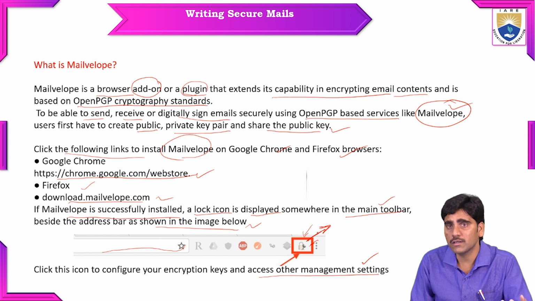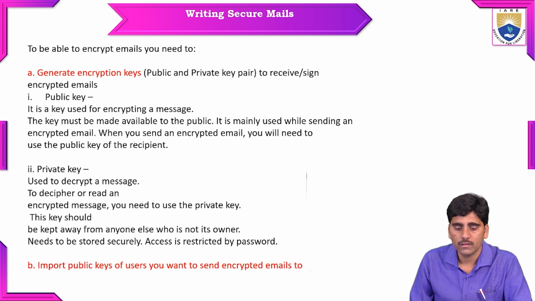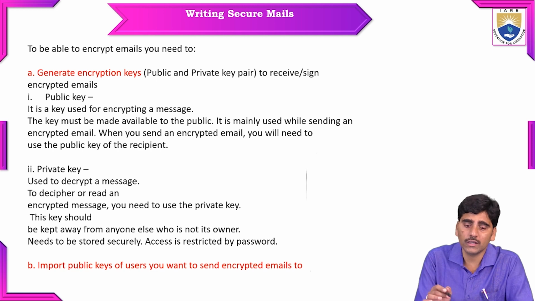But after the service is added to your browser, it shows this icon. So to be able to encrypt emails, after that lock symbol is displayed, what you have to do is encrypt emails.